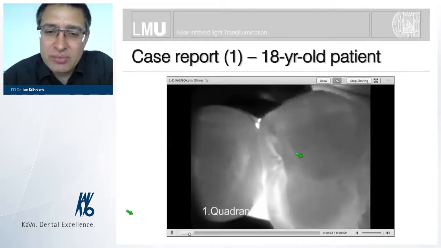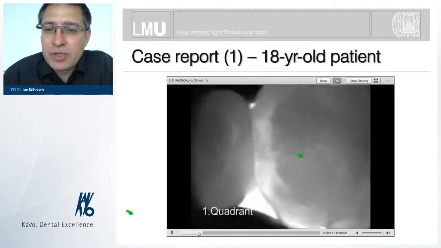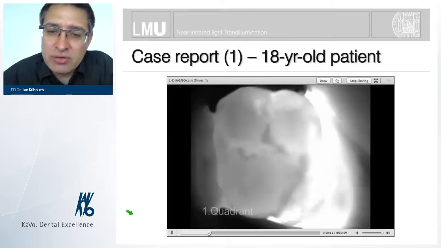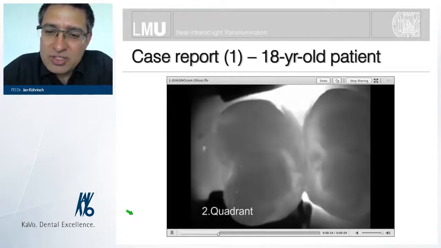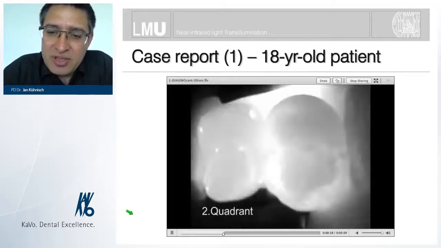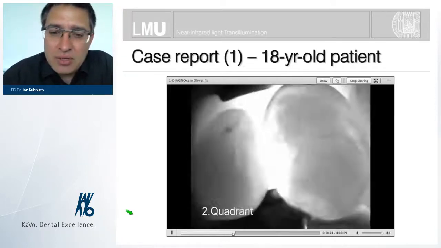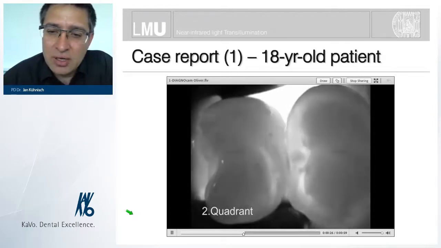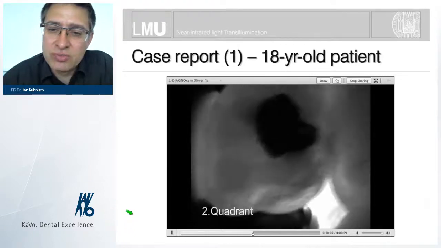We are seeing here the proximal lesion, and what I'm looking for is, especially for proximal caries detection, that I would like to see if there's something present in the proximal space. Maybe I don't want to stop the video again so that we can see this video smoothly.